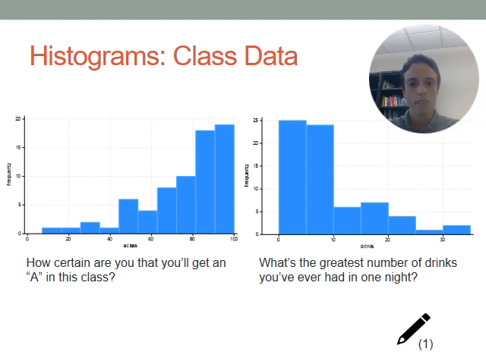We've got these same histogram qualities here: drinks on the x-axis, frequency on the y-axis, and bars all pushed together to show the continuity between each increase in a single number of drinks from one category to the next.